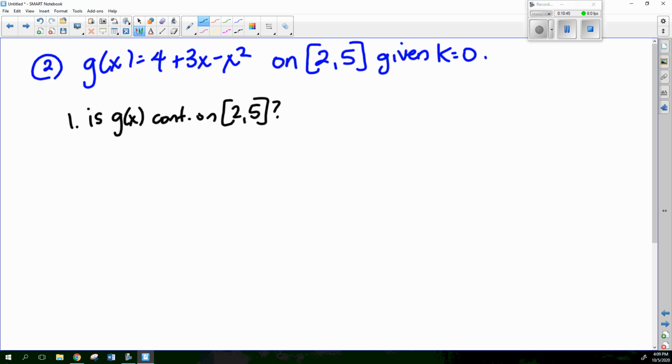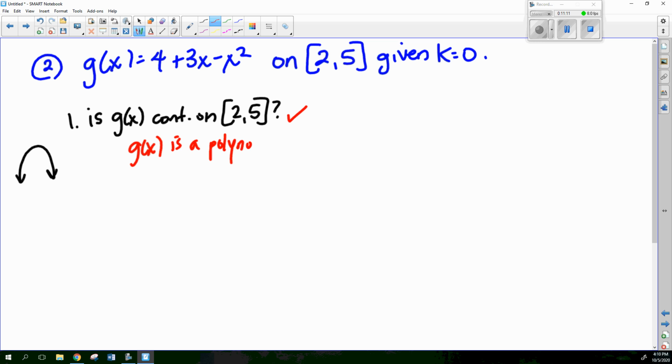And yes, technically there are a lot of steps to this, but g of x is a polynomial. Okay? This is a quadratic function. It happens to be a downward parabola. And hopefully you know that those are continuous everywhere. So this is definitely continuous. And you can tell me that you know that because g of x is a polynomial.